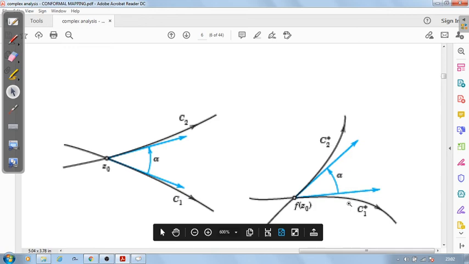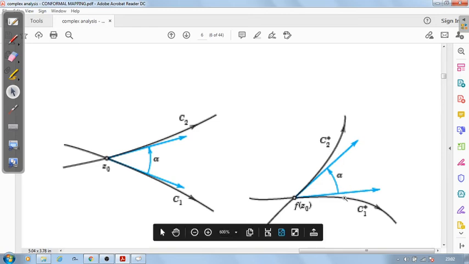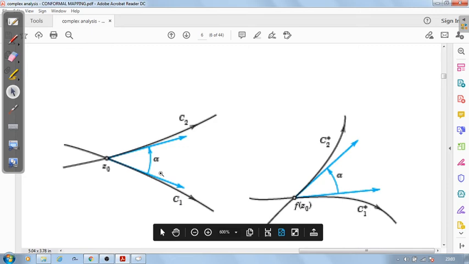Then if you measure the angle from C1 star to C2 star, it will be minus alpha. So the magnitude is preserved, but the direction is not preserved. In that case, the map is not conformal. We say that it is an isogonal map. So for conformality, the direction is also important.